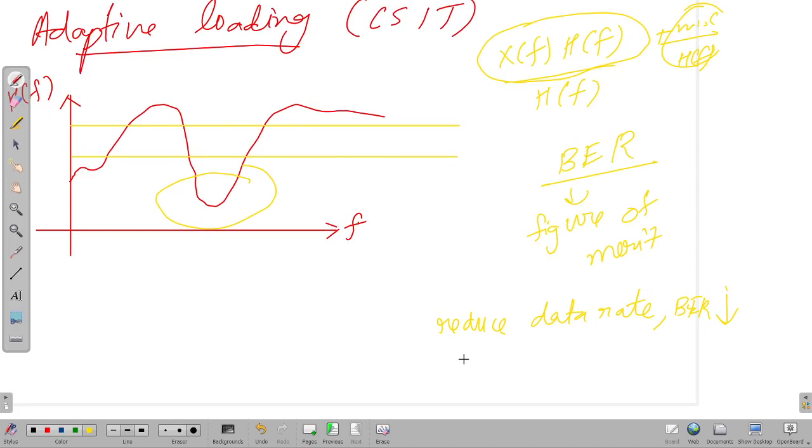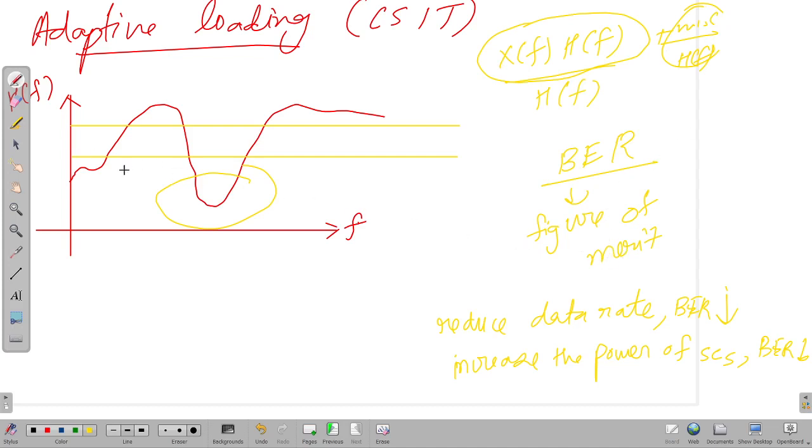Another idea is to increase the power assigned to subcarriers. Increase the power of subcarriers. In that case also the bit error rate will reduce, because if x of f is given a lot of power, then the noise is going to affect it less, because when compared to the power of x of f, the noise value will be less.